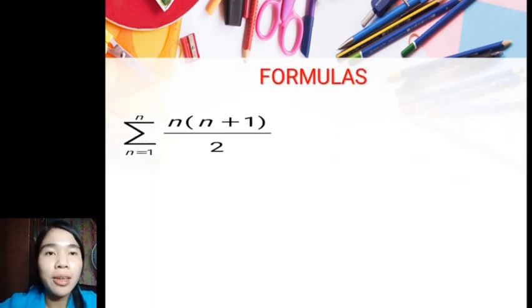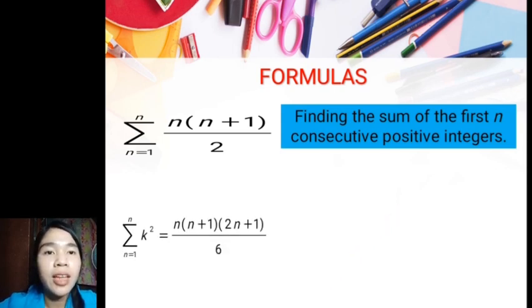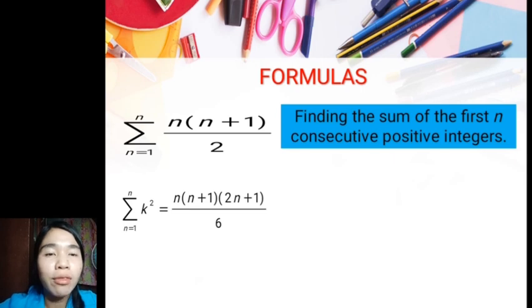Okay, so now we have the other formulas. We have here the summation of k equals 1 to n of k, which equals n times (n plus 1) over 2. This is used for finding the sum of the first n consecutive positive integers. Next, the summation of k equals 1 to n of k squared equals n times (n plus 1) times (2n plus 1) over 6.